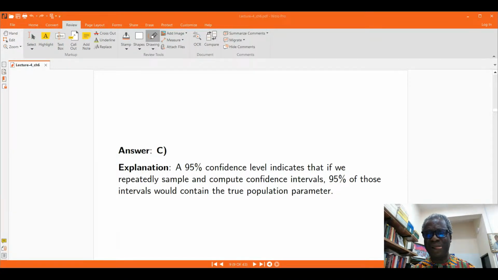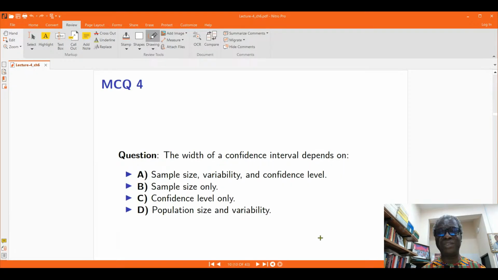So let's move on. The next question, we are almost finishing this pre-lecture quiz. The width of a confidence interval depends on what? I know we've not discussed it, but this is to prepare you. Since we are talking of a confidence interval, it is going to be a range of values, and the width is the length of that range.